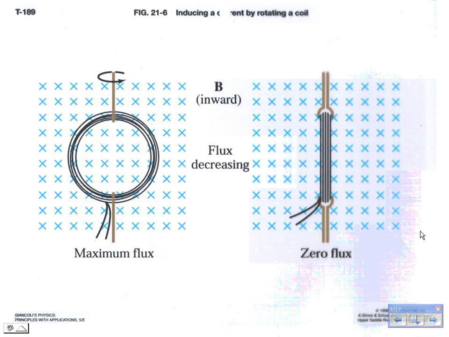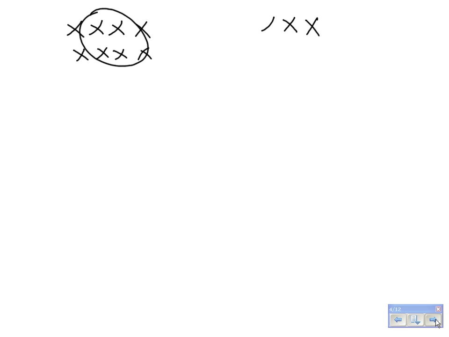So let's look at what this is going to look like graphically. Just like that last diagram, if this is the field, and my coil of wire is oriented this way, that's when I'm going to have maximum flux. And in the same situation, this is when I would have zero flux as this coil is rotating.